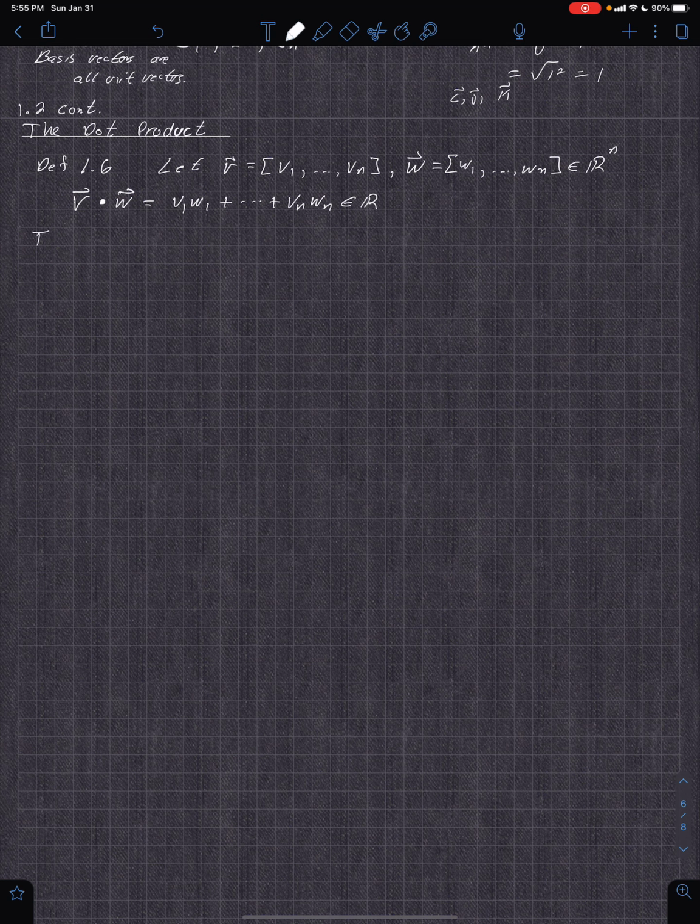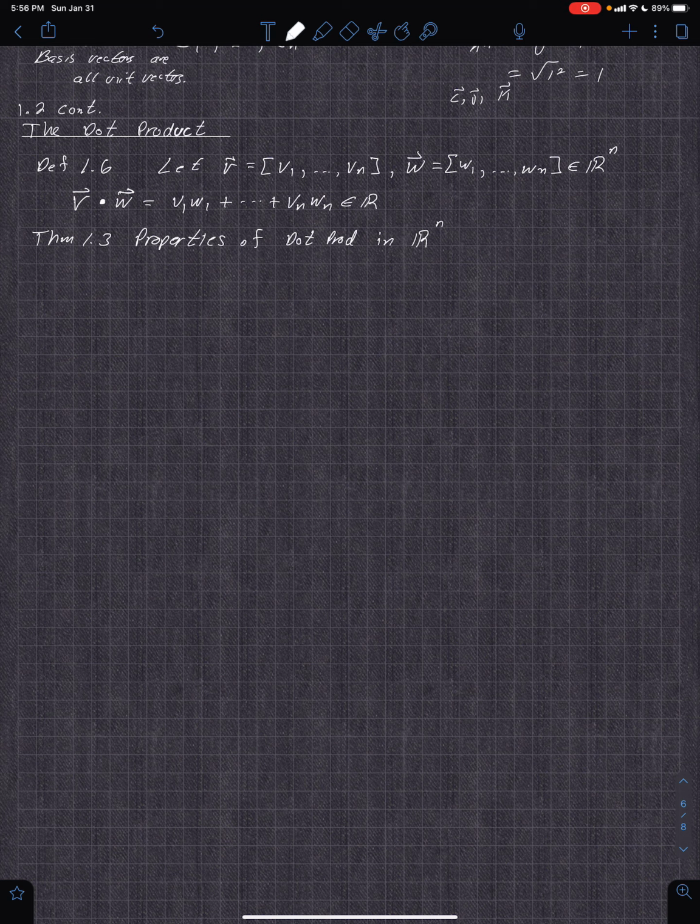So next, let's look at theorem 1.3. These are properties of the dot product in Rn. All of these are pretty much directly from the definition.